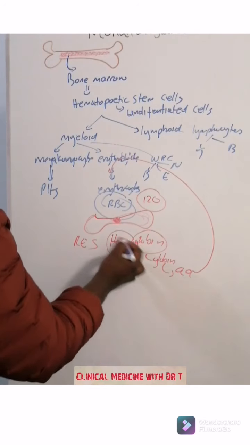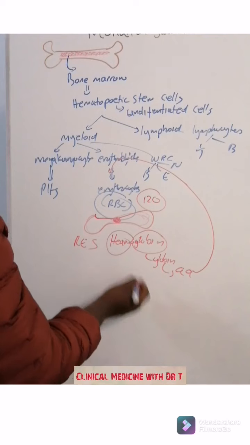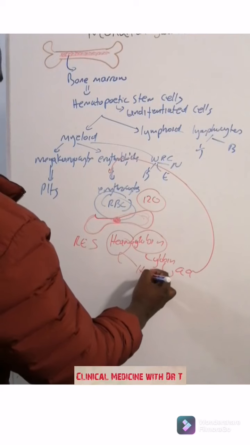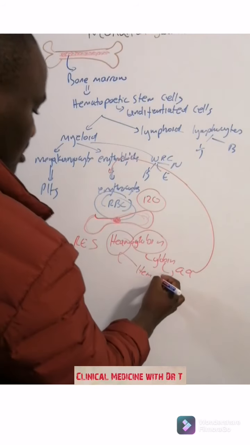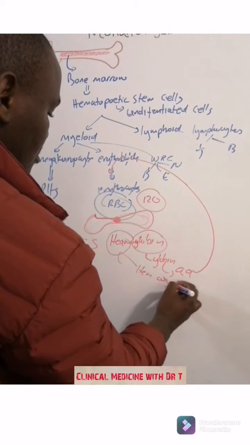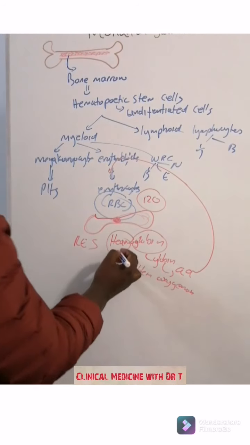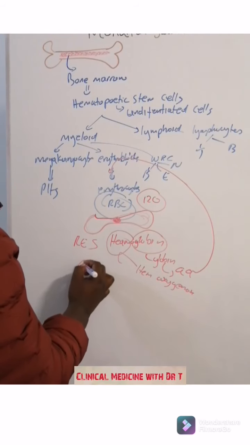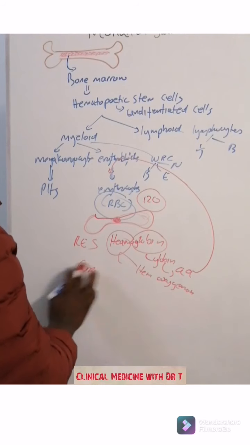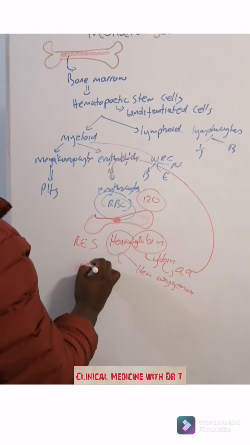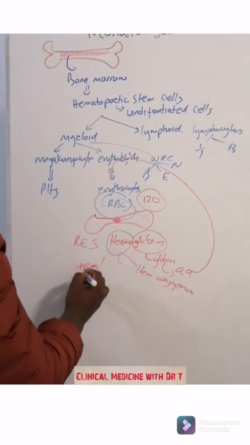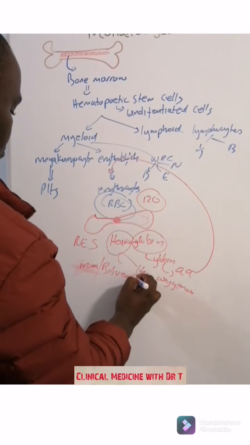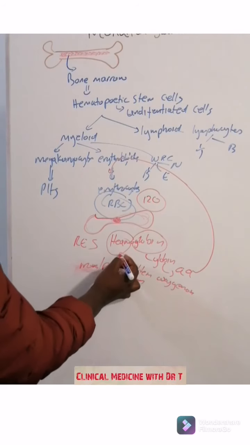And then the heme portion, an enzyme called heme oxygenase will act upon this. Heme oxygenase will break the heme into iron and biliverdin, right?